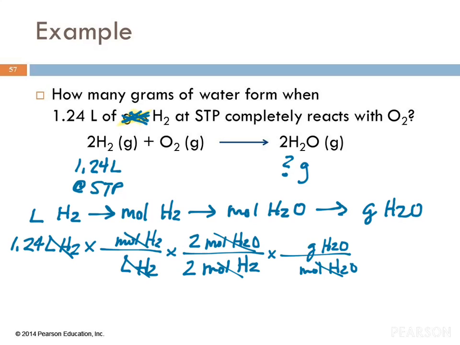And just like a molar mass where it was 1 mole, this is molar volume, it's 1 mole, and the 22.4 goes with the liters. This is molar mass. 1 mole of water weighs 18.02 grams.